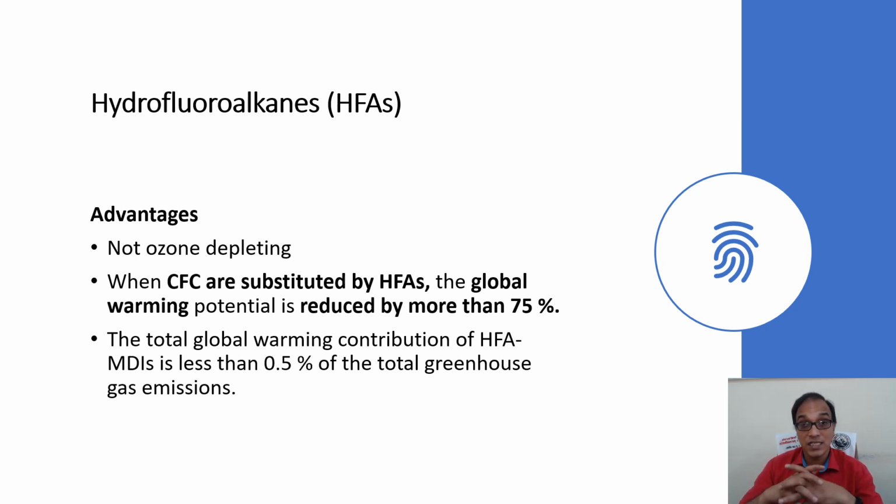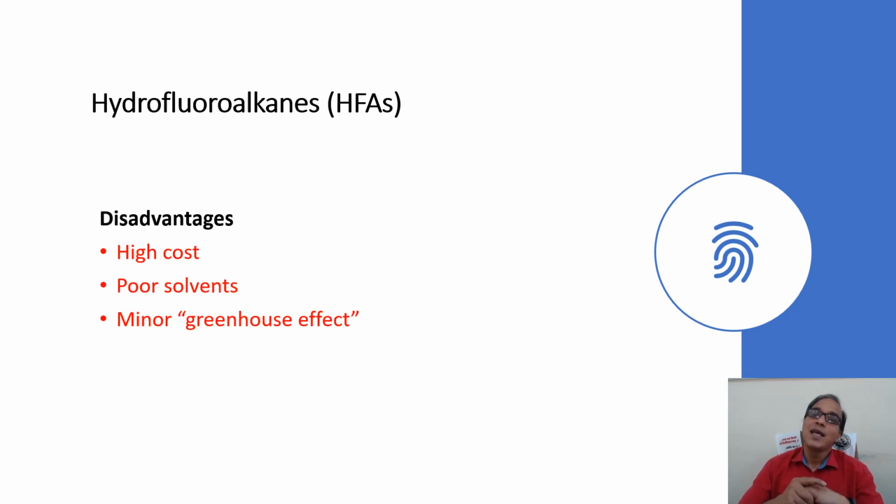So that's why HFAs are replacing the CFCs, chlorofluorocarbons, to protect the environment. Hydrofluoroalkanes have the limitation that they are expensive as compared to the CFCs. They are not very good solvents. They are poor solvents and they exert minor greenhouse effect. Though they don't have as much effect as the chlorofluorocarbons show, they have the effect. Okay.